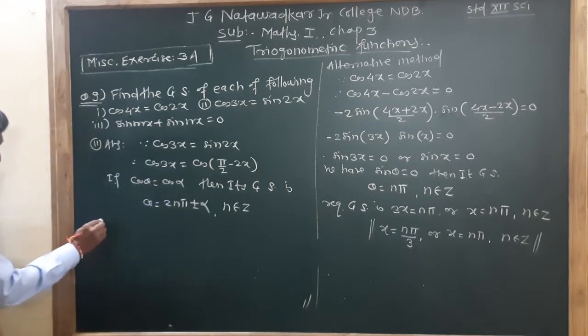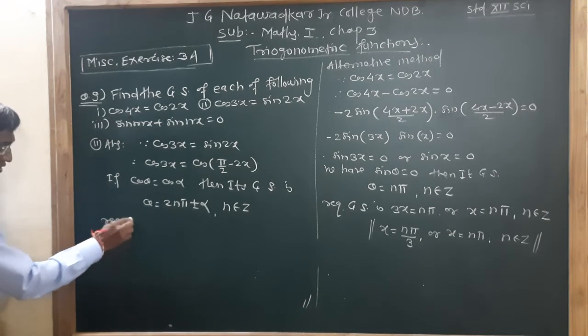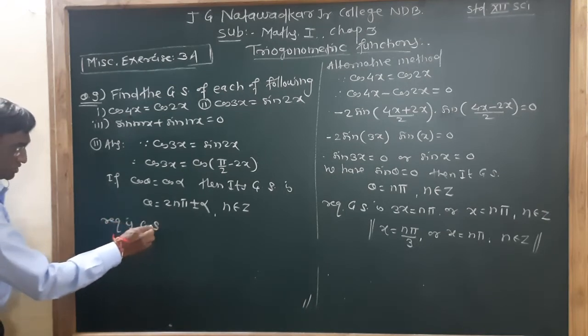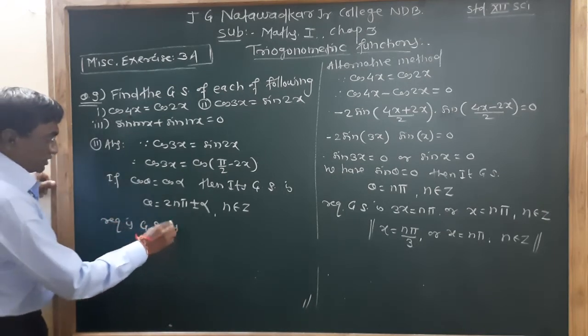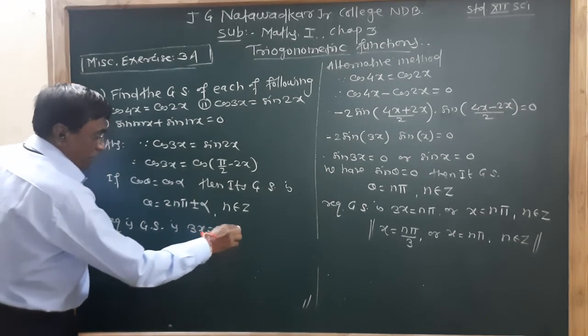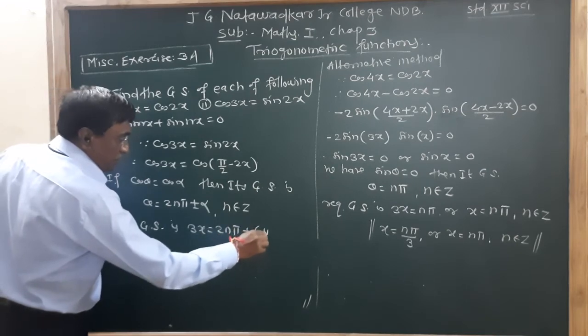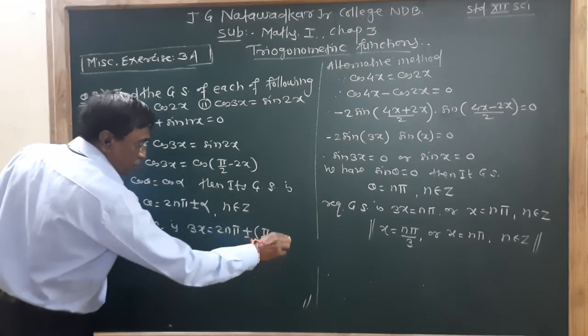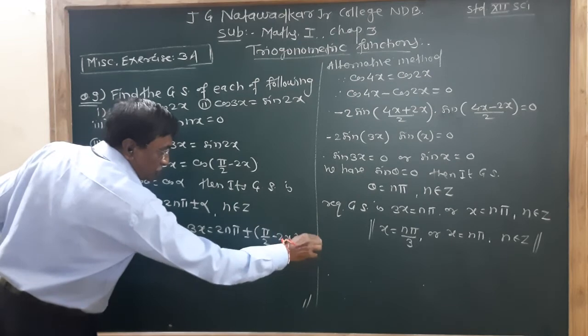Therefore the required general solution, GS meaning general solution, is 3x is equal to twice n pi plus or minus (pi by 2 minus 2x), as n belongs to Z.